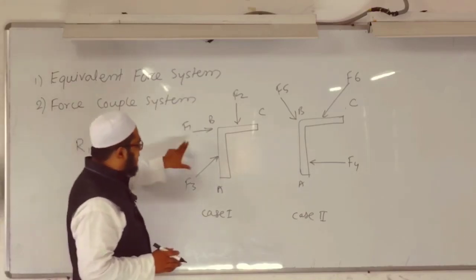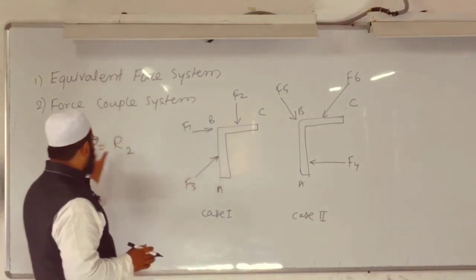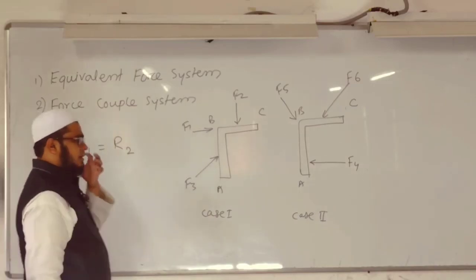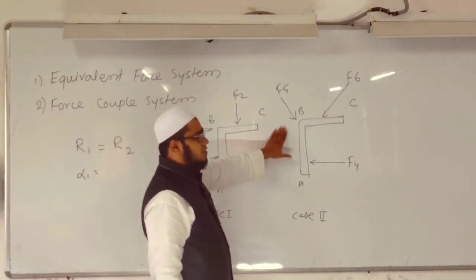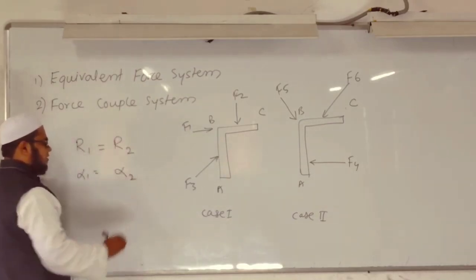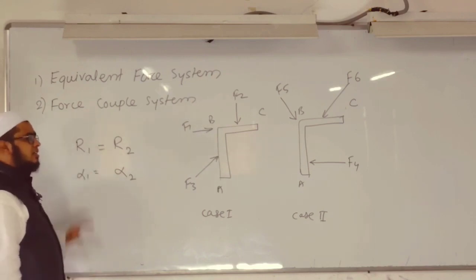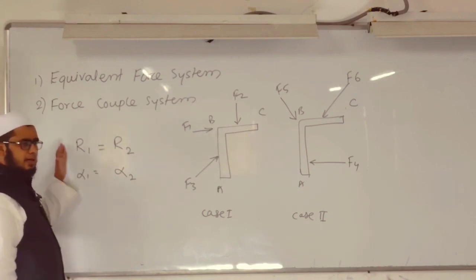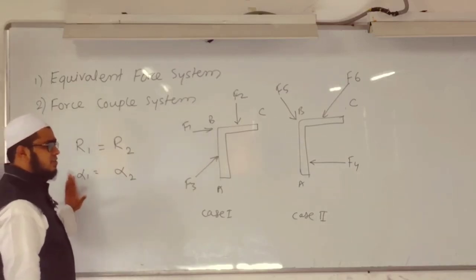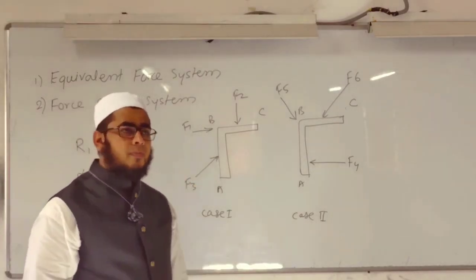Means if we calculate the resultant of this force system, assume it is R1 and the angle is alpha 1, and you calculate the resultant for case 2, assume the resultant is R2 and the angle is alpha 2. When the magnitude and direction of the resultant is the same, then we will consider both the force systems are equivalent to each other.